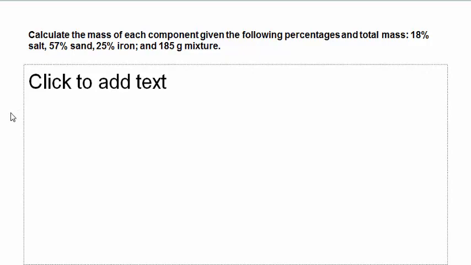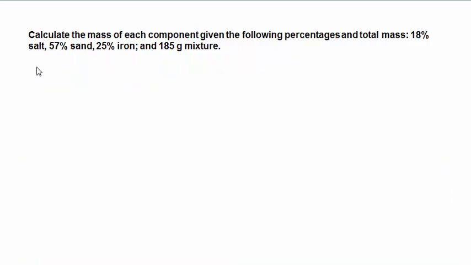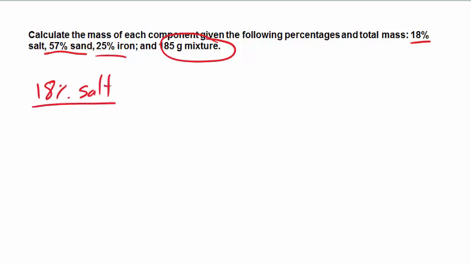Okay, number 3. It's essentially the same thing, but you're doing it in reverse. Here we're given the percentages, and we're given the total mass. So, you take 18% salt, you have to divide by 100 to get the decimal.